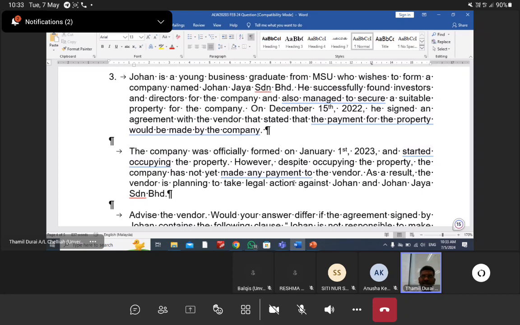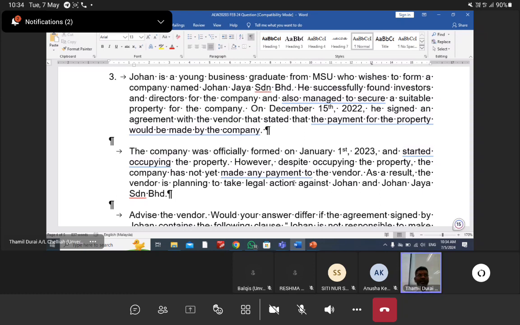Otherwise, that is what they call an agreement to the contrary. That means they put a clause stating clearly that the person is entering into a contract on behalf of a future company.